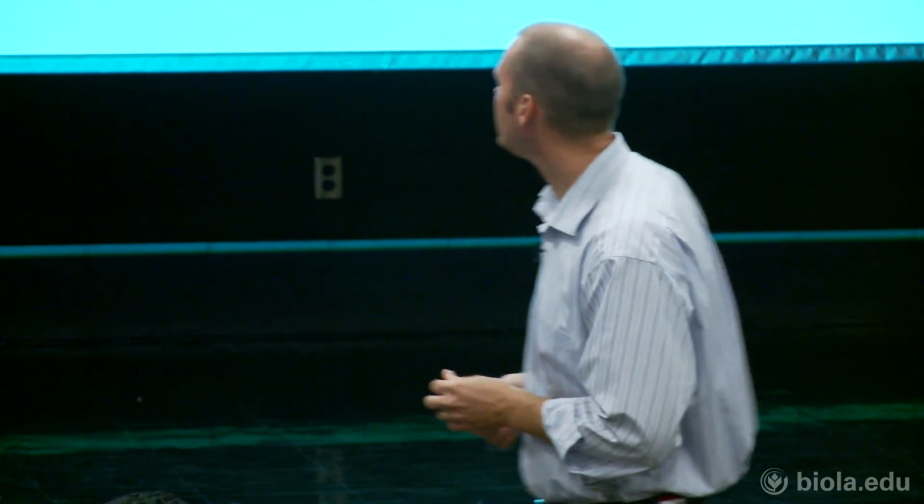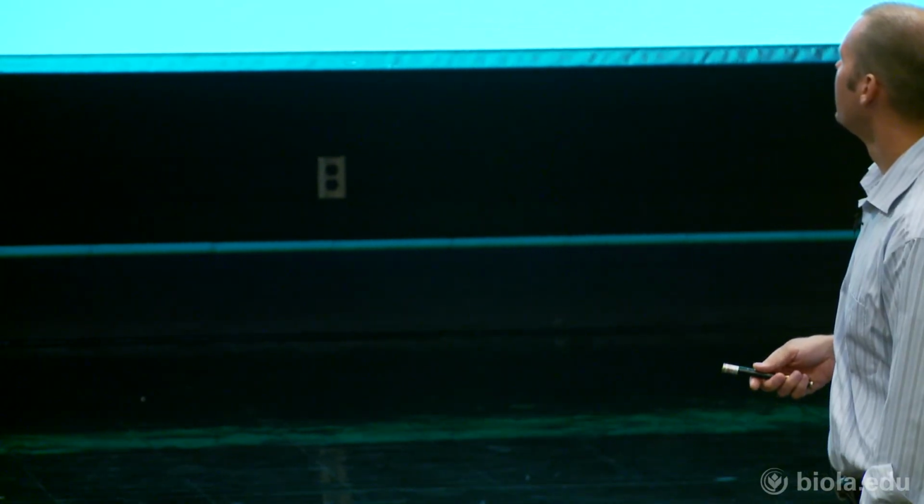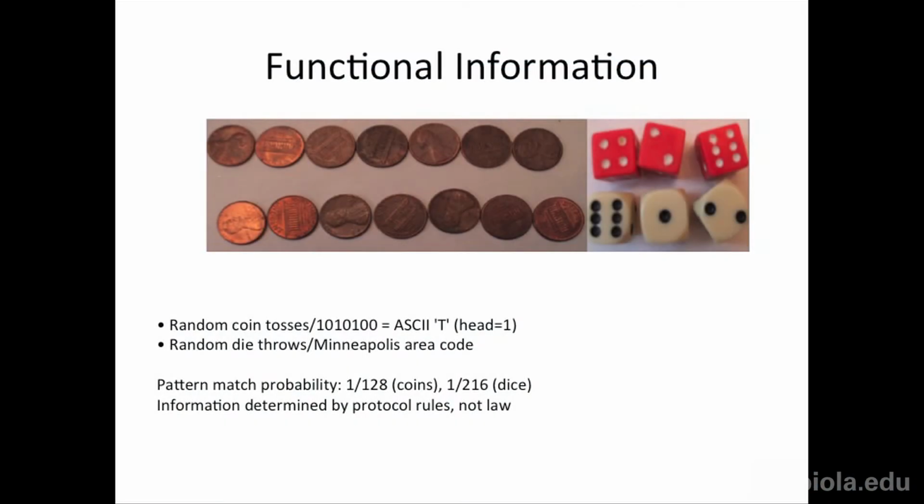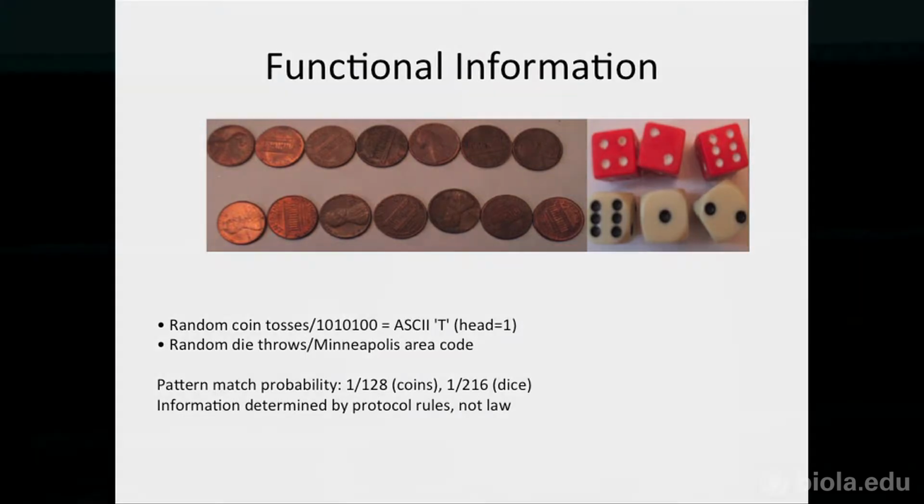Okay. So here's functional information. Here's some coin tosses, and no, the resolution did not come up well. This could look very simple, right? I could just turn over a series of coins, but I could turn over a series of coins in a way that actually codes for functional information.